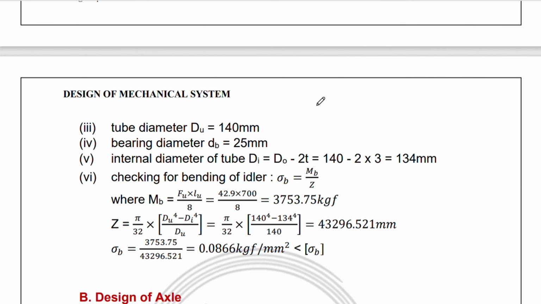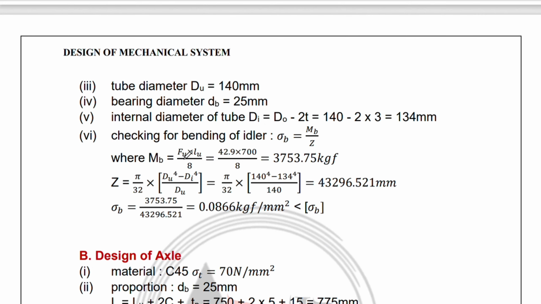Next, we will go to tube diameter, which we have seen in the previous step. Tube diameter and bearing diameter are 140 and 25 mm. These values are taken from step number 2. Next, internal diameter of tube, DI, equal to DO minus 2T. So capital DO is 140, and T is the thickness, which we assume 3.